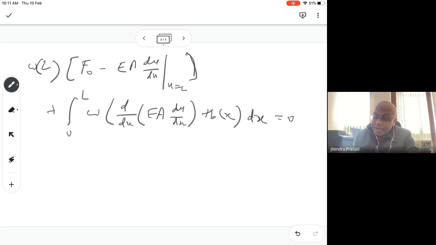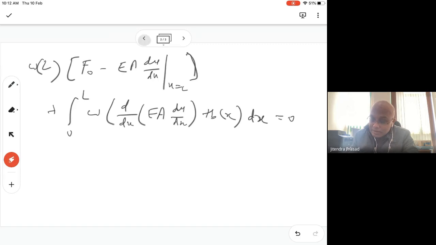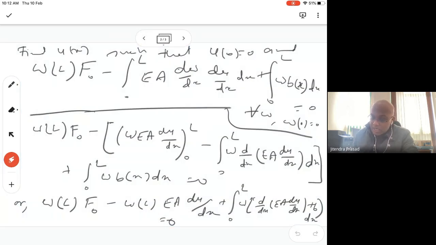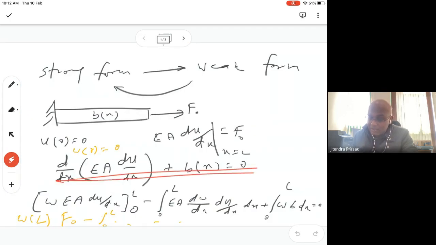So now from here we have to actually find out, finally, we have to get it in this form. This is the idea, to get this form.